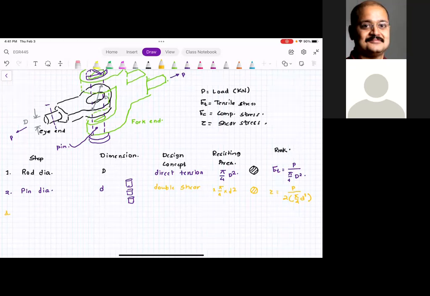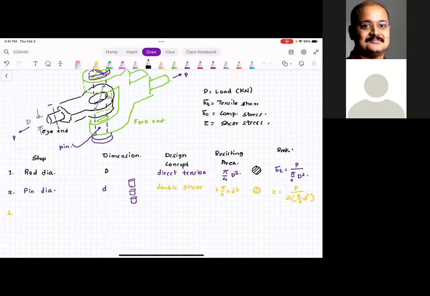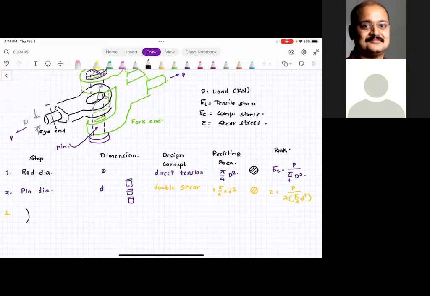But I want you to think about one other failure mode, wherein the pin is being pulled on the fork end and the eye end. So the pin is going to bend. There is a possibility that this pin could bend. And this bending is a more severe failure mode than the shear, because in shear you have two resisting areas. In bending, you have this bending moment that is acting at the center span.